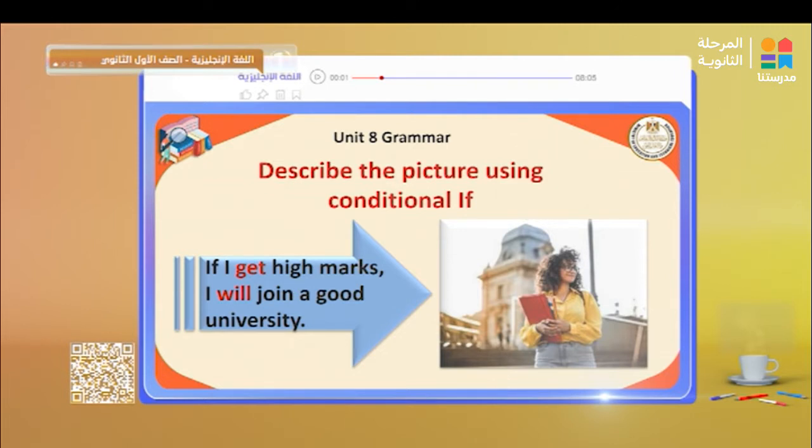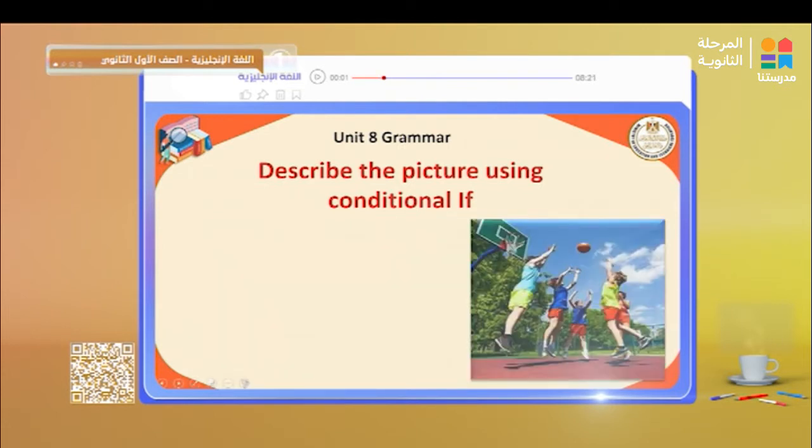So we use the present simple and the future will to express something probable, something that is certain to happen. If you study, it's certain that you will succeed. If you get high marks, I'm sure that you will join a good university. So we use if type 1, present, future to express something that is probable in the future.